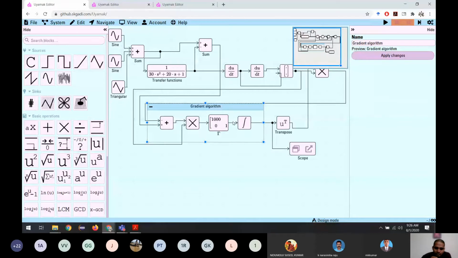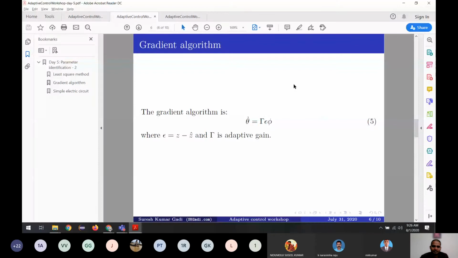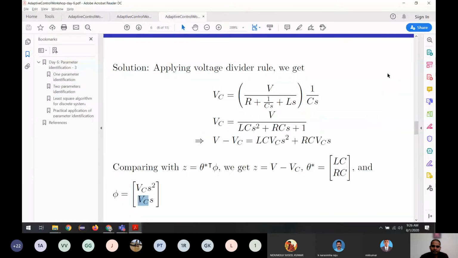And it is also good to see in display, because it's a column matrix. Once we run, we can see how it looks in display. It's reaching 30 and 20. Okay, that's about the second order system with 2 variables.